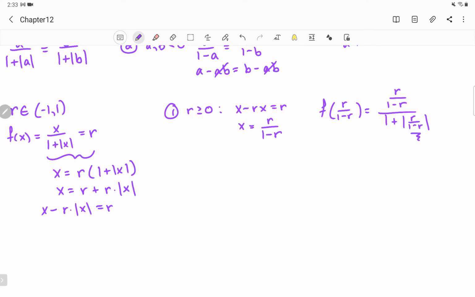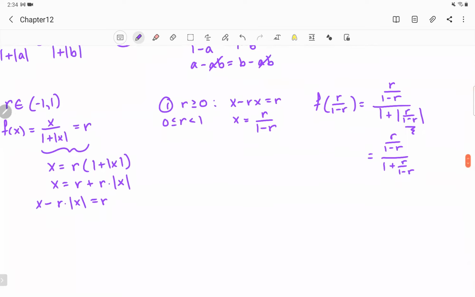Everybody see that? If r is not negative, that means r is between 0 and 1 because of where r came from in the first place. So 1 minus r is positive. So r over 1 minus r times 1 plus r over 1 minus r. We're going to do this algebra in the proof, but you do get down to just r, okay?